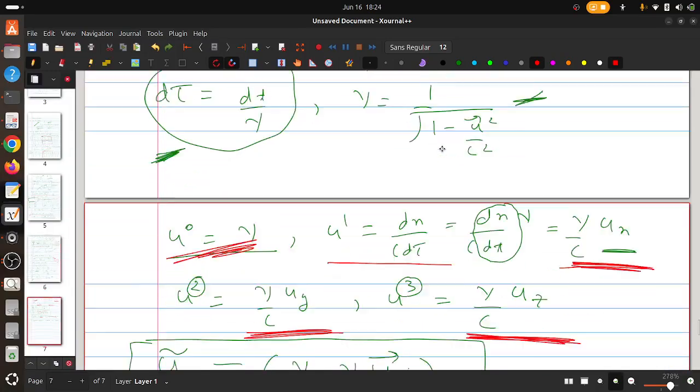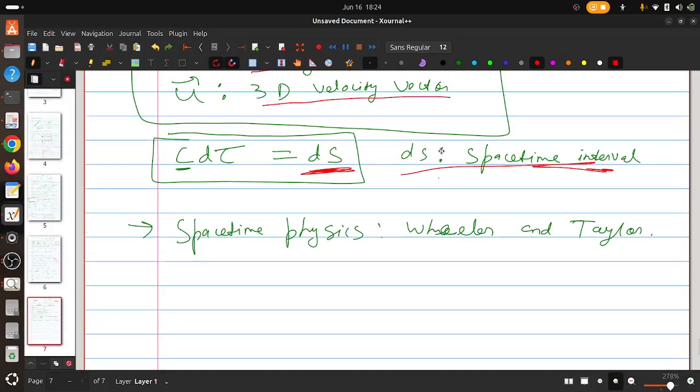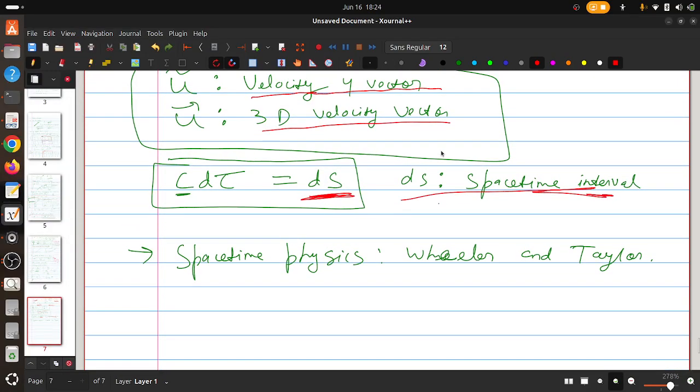Very simple, right? Because ds is the space-time interval, ds is a frame invariant or Lorentz invariant quantity, and c is anyway a constant. So d tau has to be Lorentz invariant.